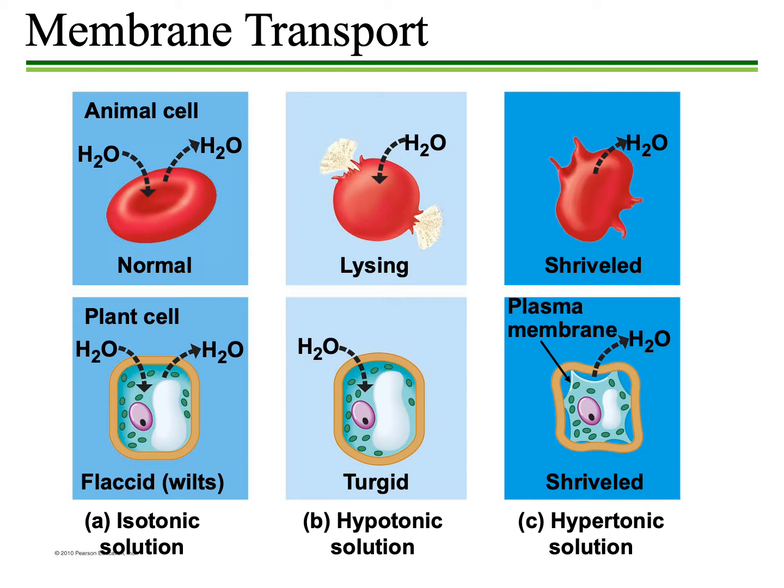So this figure highlights what happens in certain situations when you place cells into different types of solutions. Now there are two sets of figures, for a typical animal cell and for a typical plant cell. We haven't discussed cellular structure in detail yet, but there's a clear defining characteristic of plant cells, and that is that plant cells have a cell wall on the outside of the plasma membrane.